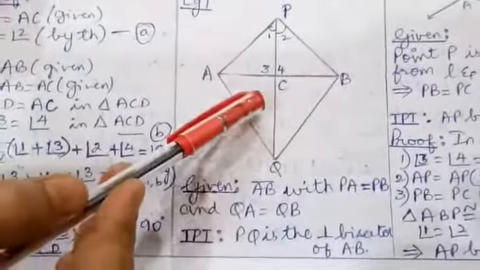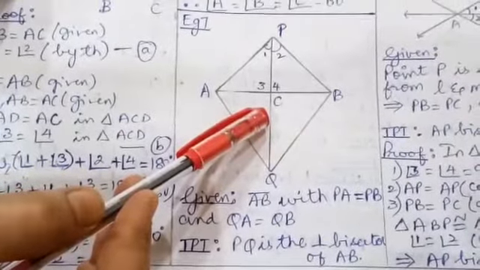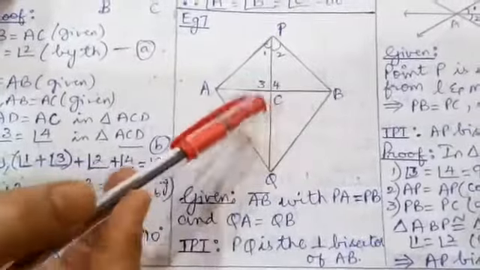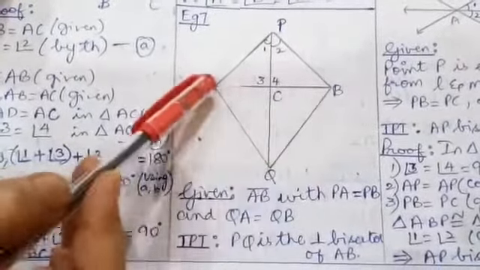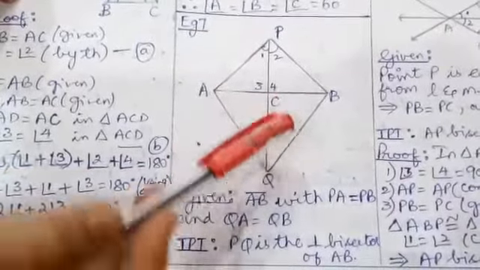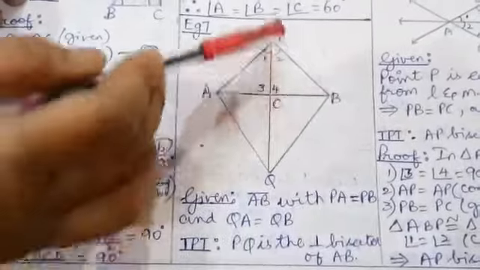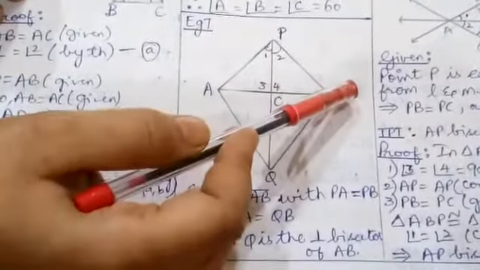Or we could take up these two triangles, prove that they are congruent and get the results through CPCTC. We could get AC equals BC from the congruency of these two triangles, and we could prove that this angle or this angle is 90 degrees, which again proves PQ is perpendicular to AB.